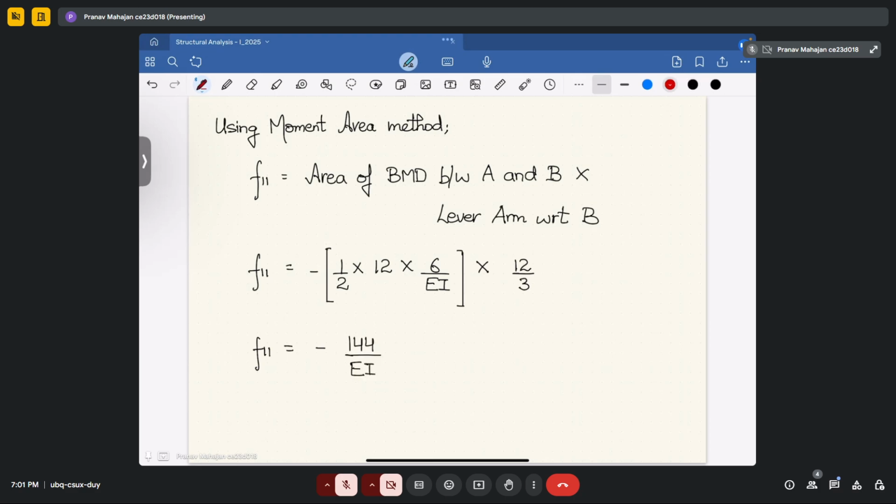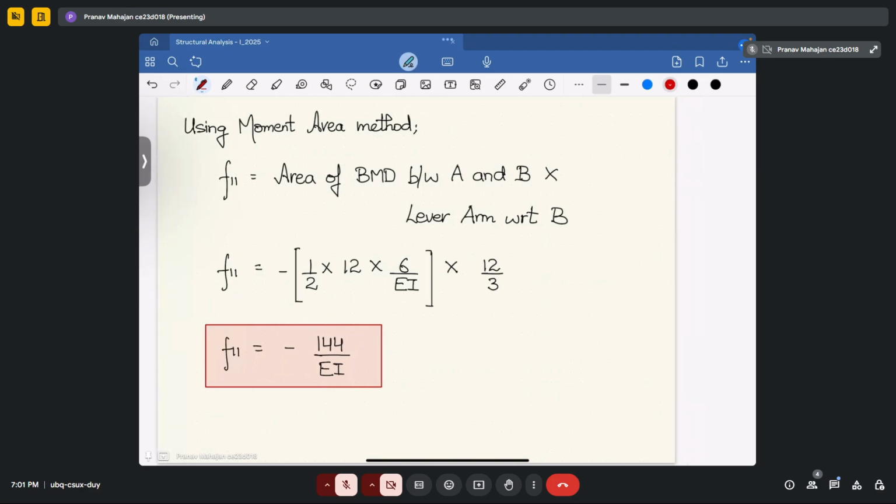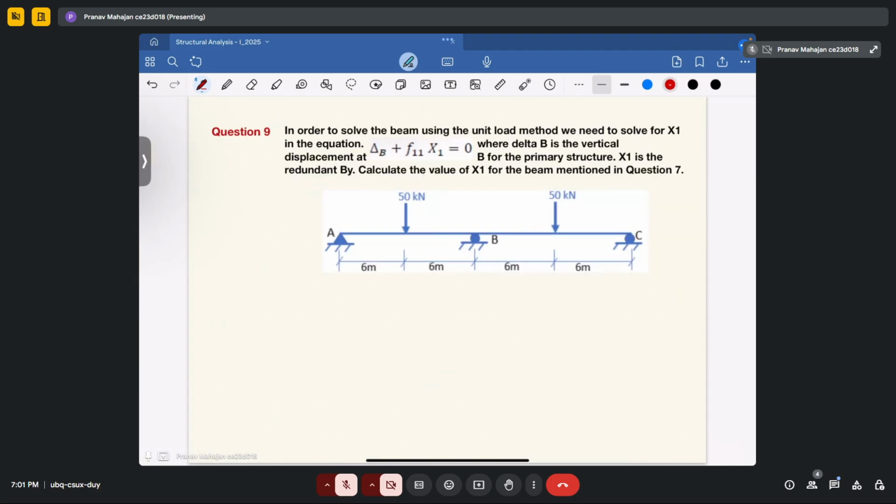Okay, so now we have got the flexibility coefficient for the continuous beam that we are solving to be equal to 144 upon EI. Now let's continue for this question further. So what is remaining? The unknown force, that is your redundant force By, which you are calling X1.